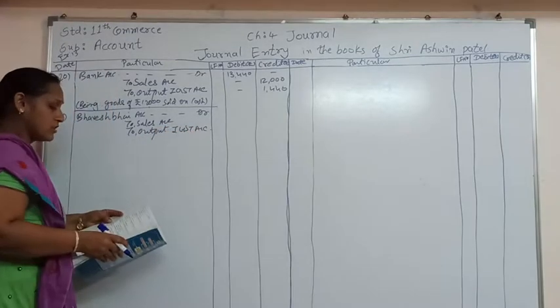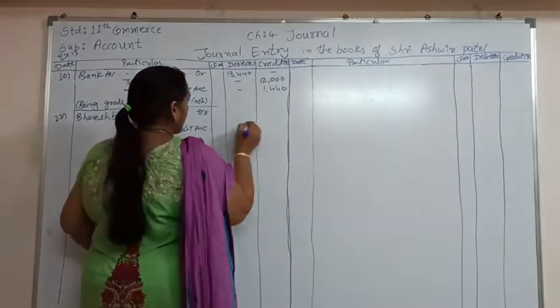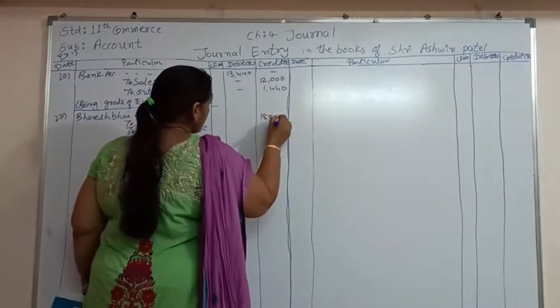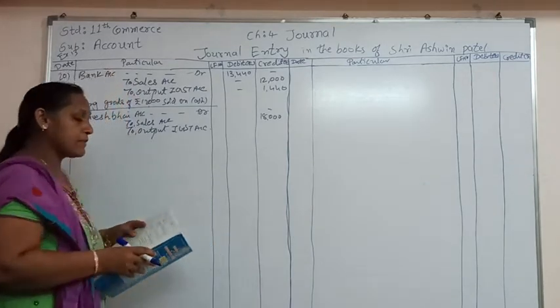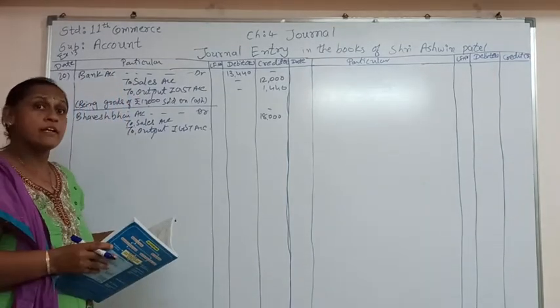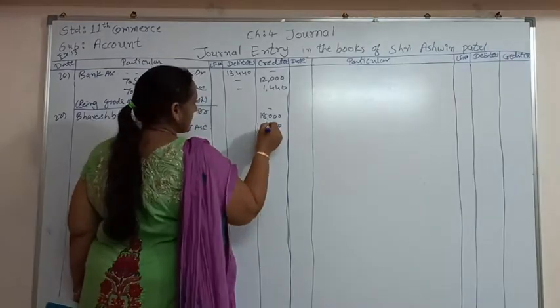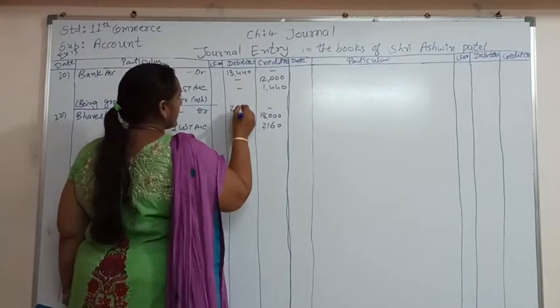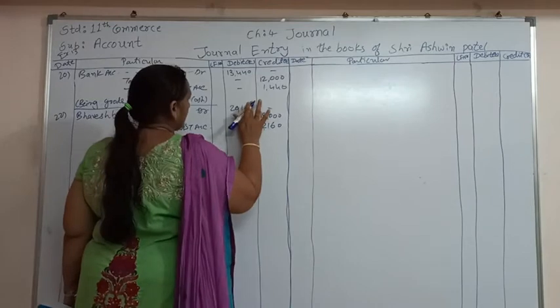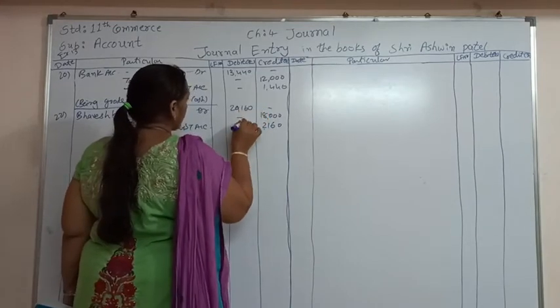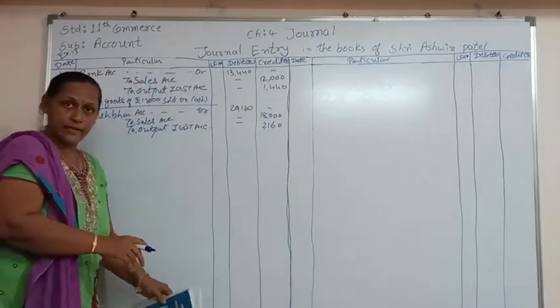Here we have sold the goods of rupees 18,000, and 12% of 18,000 will be 2160, so the total of this will be 20,160. So that is going to be debited to Bhavesh Bhai account.